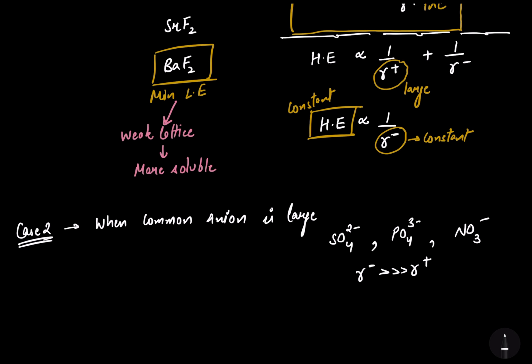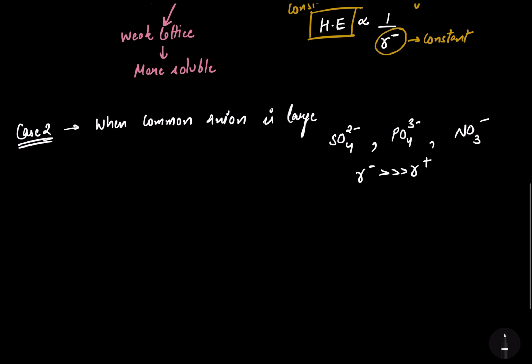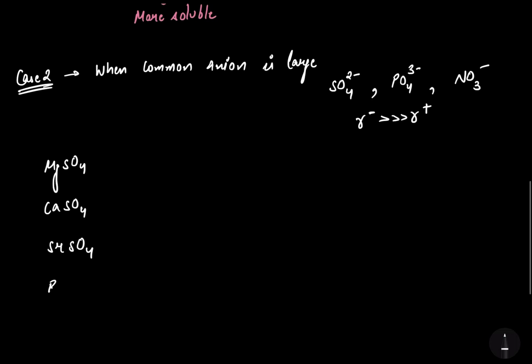Now let me take an example of group number 2 elements, in sulfates. I'm taking magnesium sulfate, calcium sulfate, strontium sulfate, and barium sulfate.